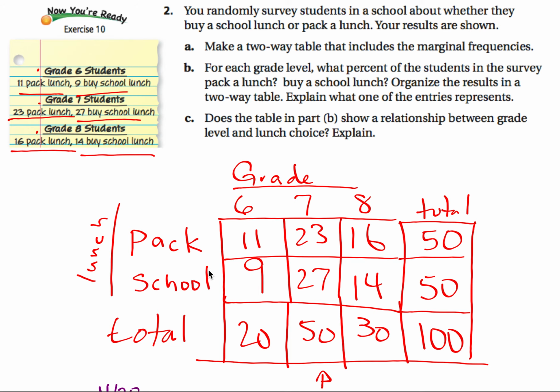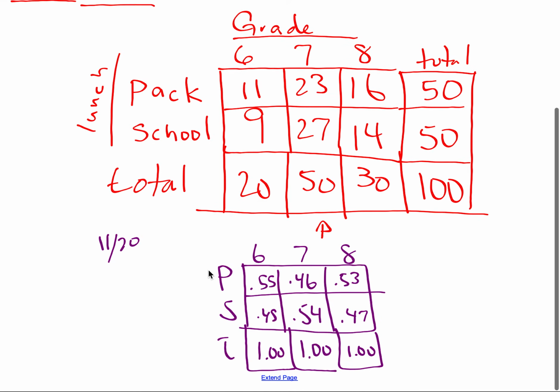Okay, looking across the different grade levels, is there anything we can say about what each grade level seems to prefer? I really don't think so here because all of them are pretty close to 50%. In general, it looks like 6th and 8th graders tend to pack lunch a little bit more than 7th graders, but there's not a whole lot you can say here.